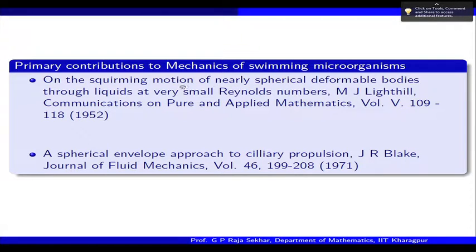If you see, this is Lighthill's work, and it is mentioned that nearly spherical deformable bodies at very small Reynolds numbers. When it is mentioned nearly spherical deformable bodies, the microorganisms could be spherical, but nearly spherical because, by virtue of these hair like structures on the surface and their movement, the object appears slightly deformed.